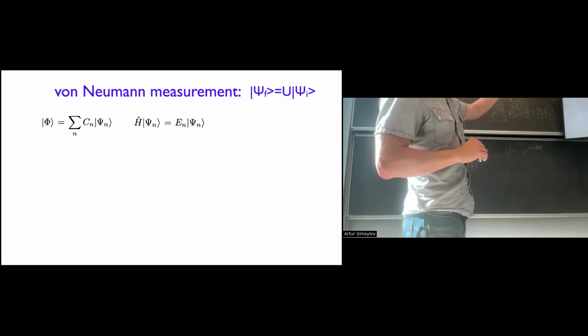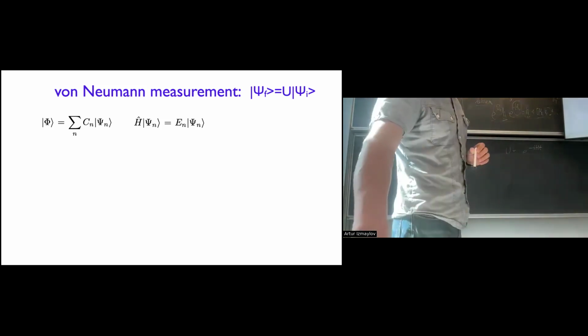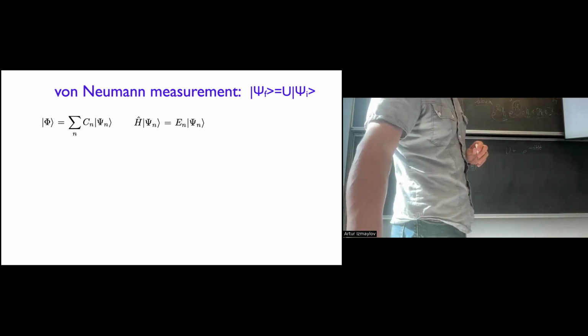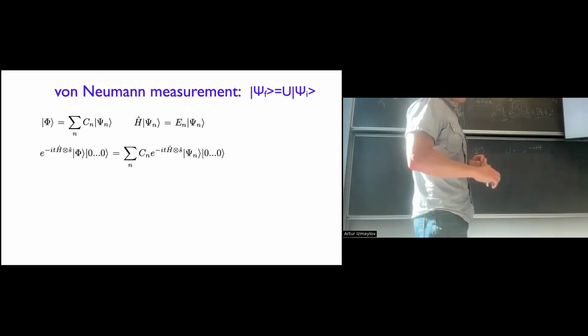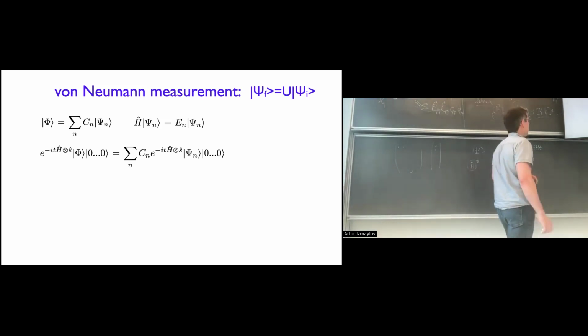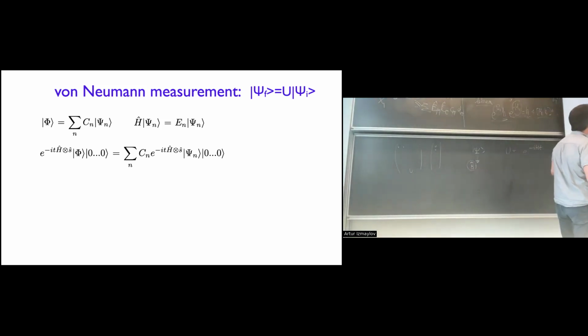All right, so in order to understand how it works, we need to look at what's known about quantum measurements. So there is this von Neumann way of thinking about the measurement. And here the notation is, let's say we have a phi, and psi n's are the eigenstates, all right?